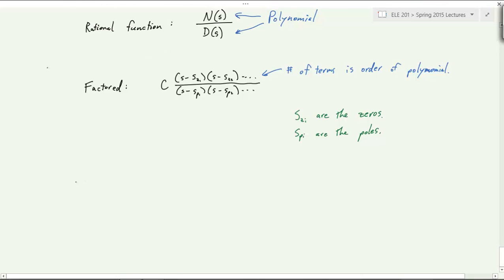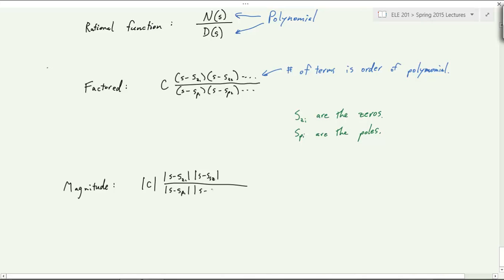So let's look at the magnitude of a rational function. And that's just going to be, because these are products, the magnitude of c times, of course, the magnitudes of all of these terms. And what's simple about this is you realize that, remember, this is a function of s, where s takes on values in the complex plane.